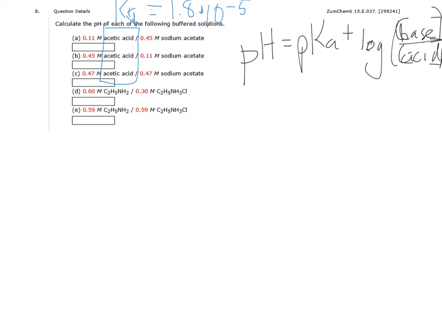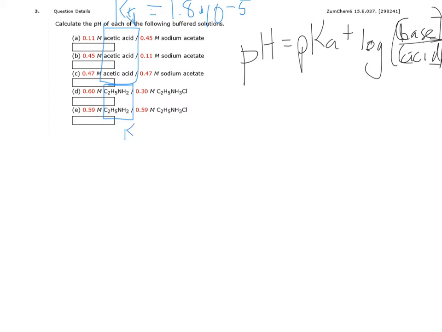For acetic acid, the Ka value is 1.8 times 10 to the negative fifth. In parts D and E, we have a weak base, which is known as ethylamine, but the name isn't important, and a salt that has the conjugate acid of that weak base. C2H5NH3 is the conjugate acid of that weak base.